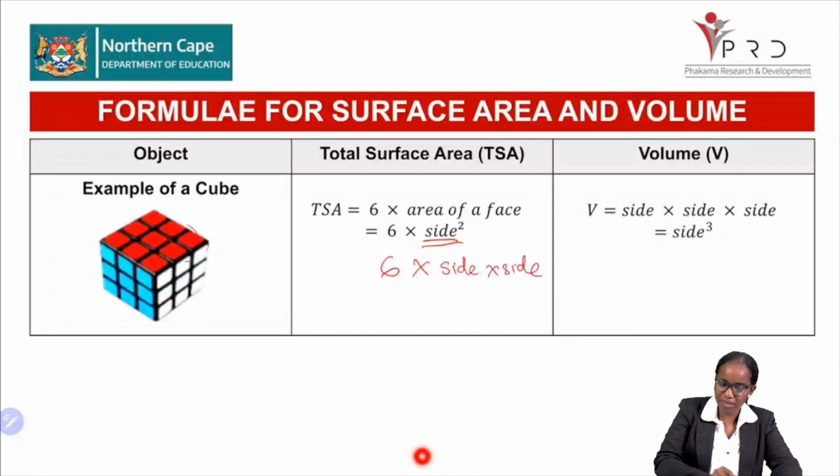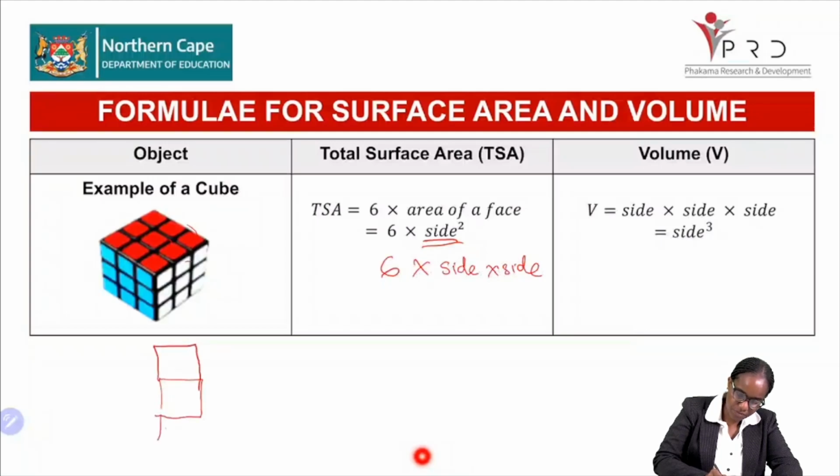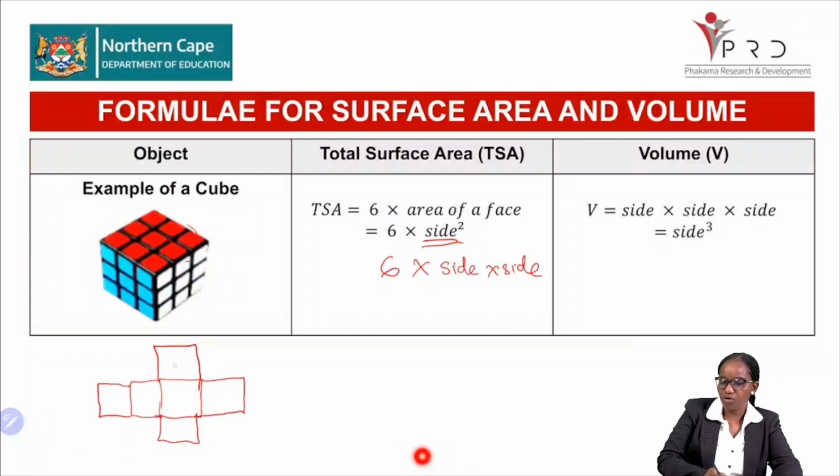If you are to open this box, you will have something like this. So these will be the faces of your cube. Then the volume. The volume is side by side by side.